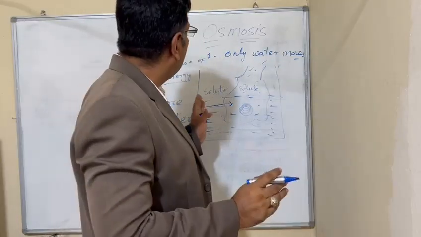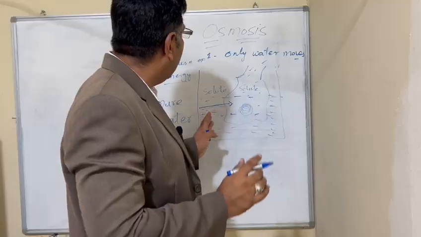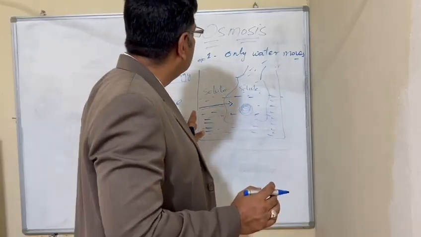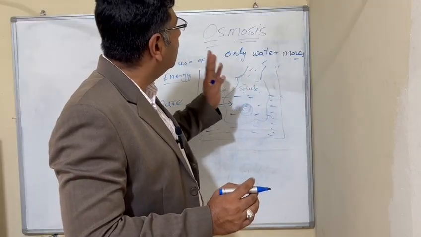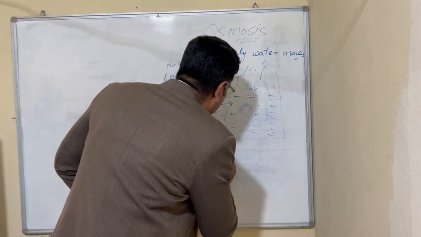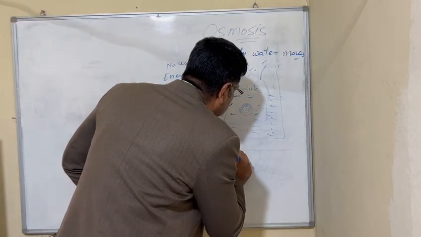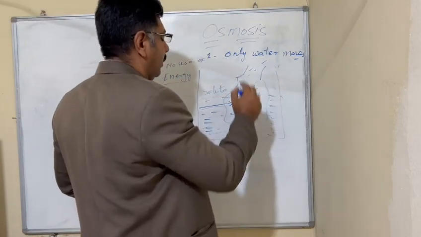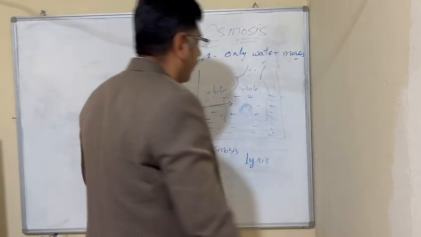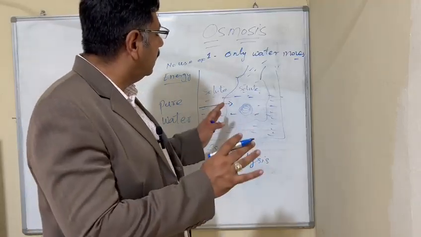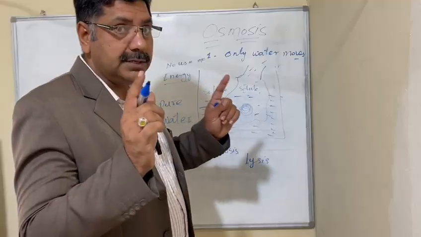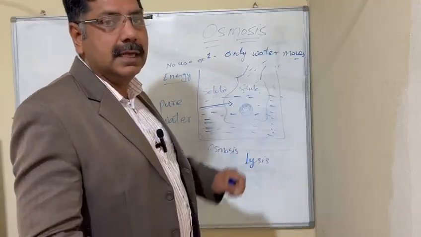Because the water is continuously moving in and making it turgid, a time will come when the cell bursts because of osmosis, and lysis of the cell will occur. So here, it is the higher water potential that will burst the cell.